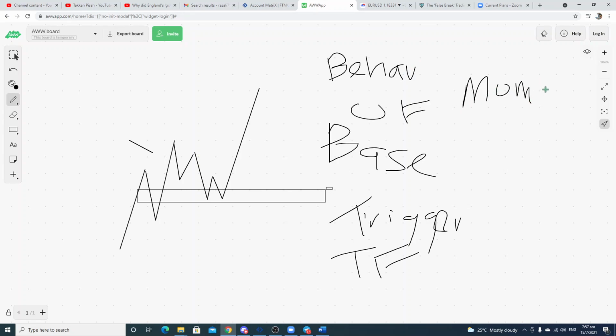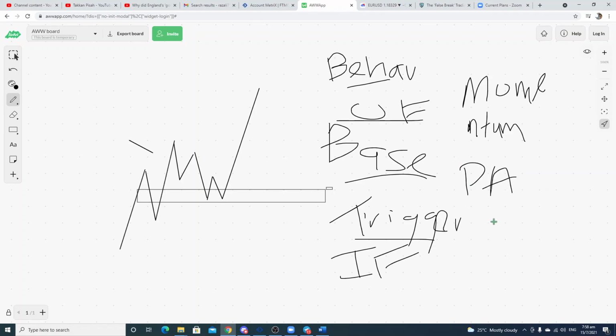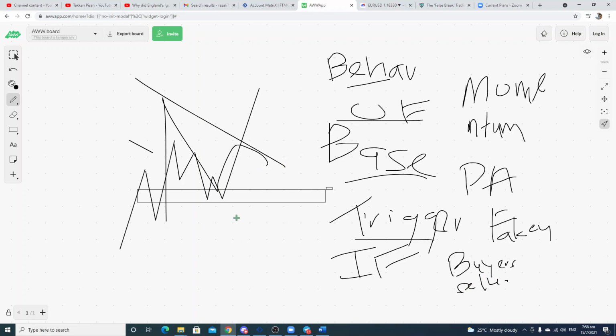Okay, I have a lot of decisions when I make an entry. Behavior, base, trigger, time frame, momentum. Okay, and then price action, of course. Are we looking at a false break? Are we looking at a fake key? And then who is in control, buyers or sellers? These are the things that I do to make my decisions, rather than making patterns here and there, up down, trend and all that. No.